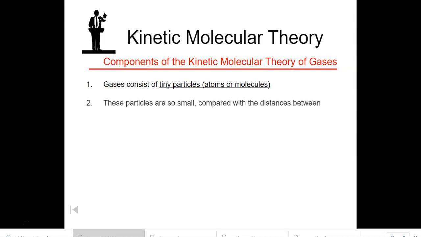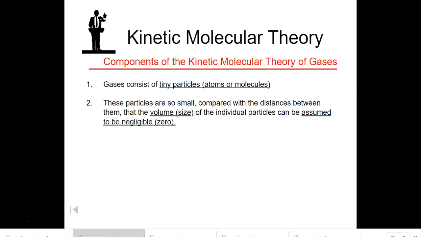Okay. These particles are super small. They are so, so small. Think about it. Our atoms are beyond microscopic. And because they're so small, the distances between them make the volume of these particles almost zero or negligible.